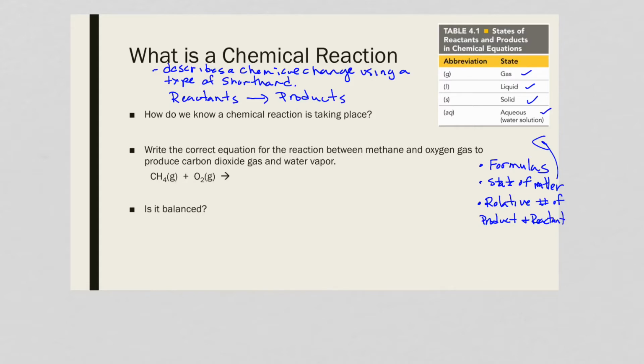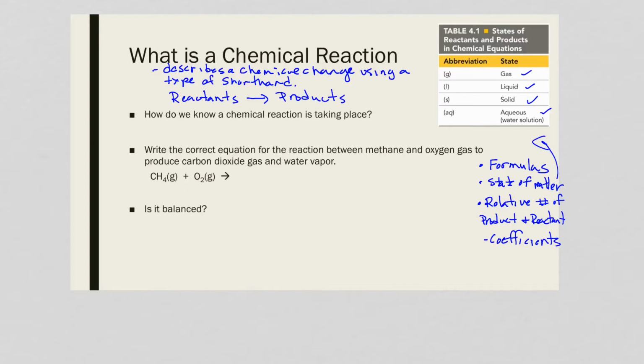So it's going to show us the relative numbers of the products and reactants, whether they be elements or compounds, right? It's going to show us the relative number in terms of the relative amount. And we're going to do this by using something called coefficients. And these coefficients will appear in front of each reactant or product to specify the relative amounts.